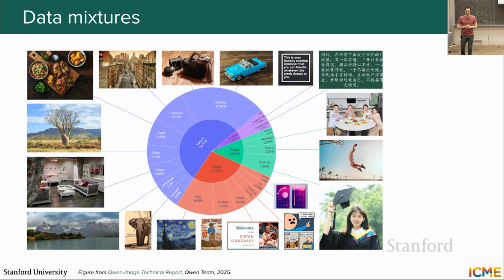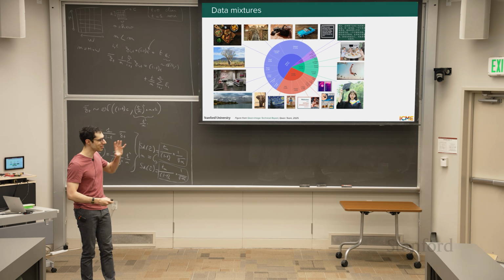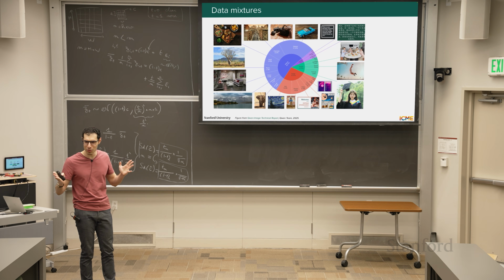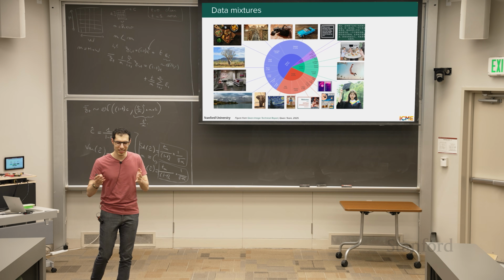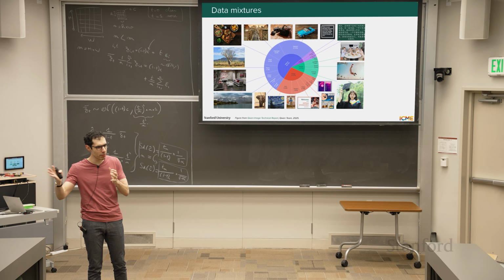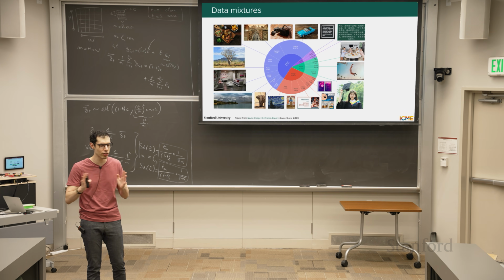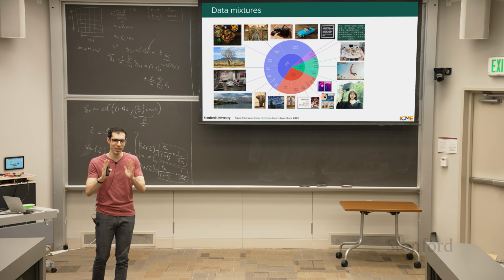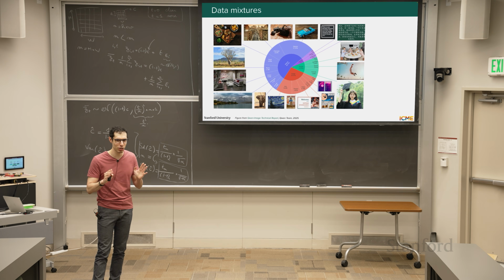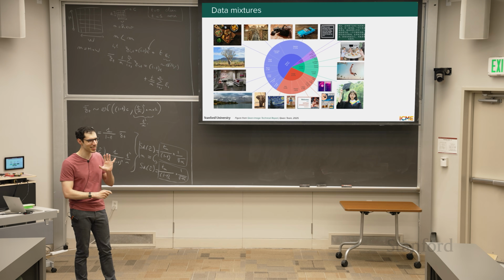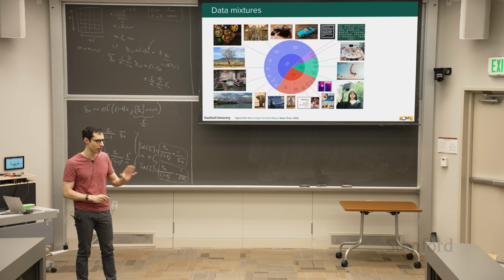I just have this one slide, which is an image from the Qwen technical report, which tells you that this is a very time-consuming work that involves a data pipeline with a bunch of filtering, different resolutions, cleaning, and so on. So just know that this is an important part of the process.